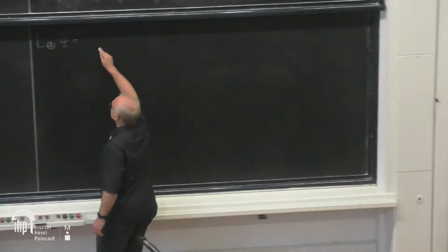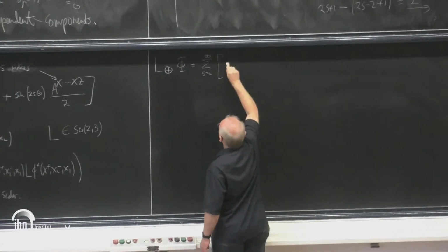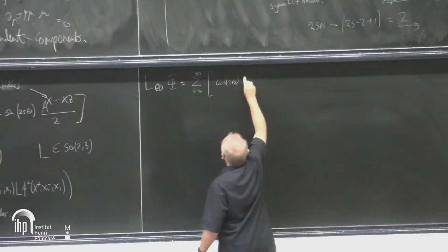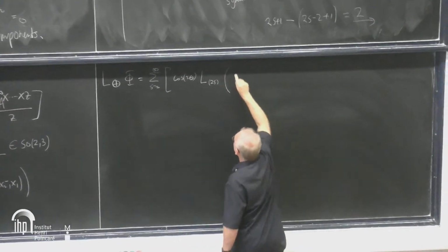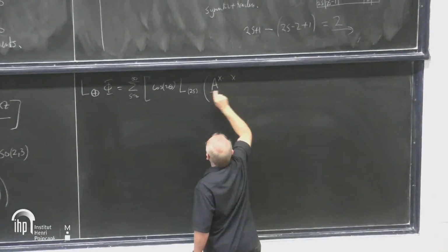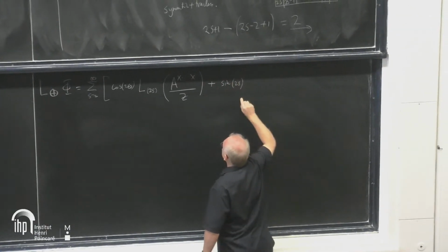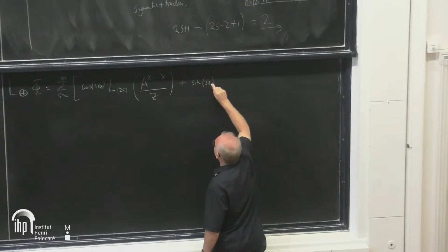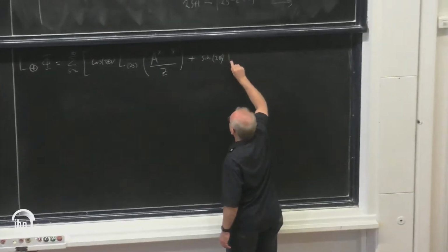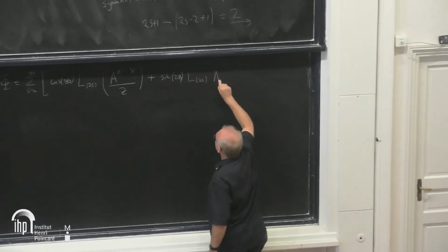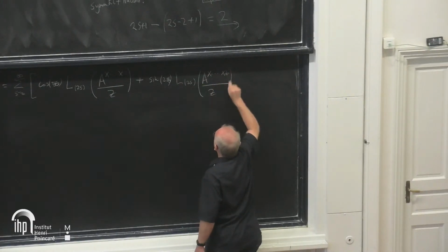So when we act on those, we want to get the cos 2s theta. We don't act on that. But now we want the generator for the 2s representation acting on the A x plus the sine 2s theta, and again the 2s representation acting on that gauge field.